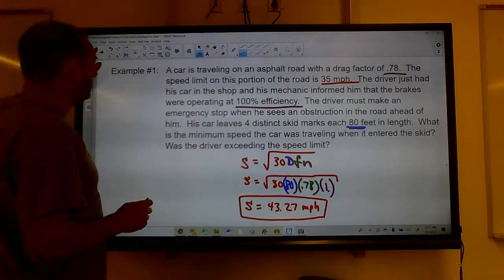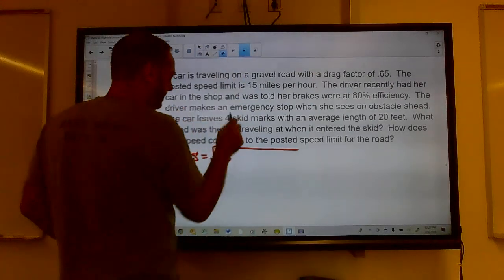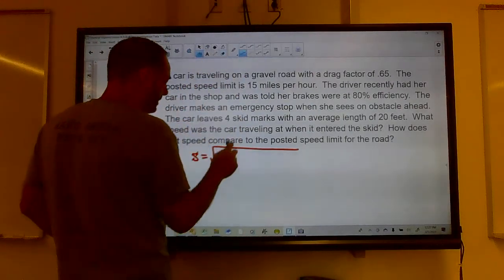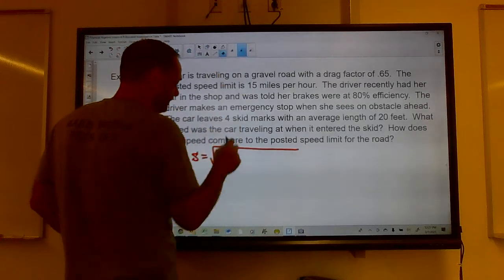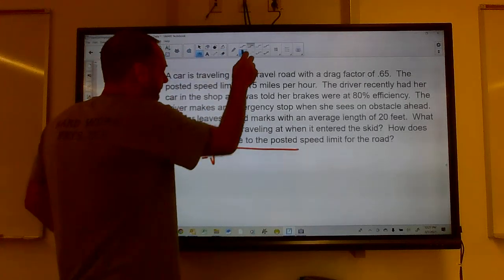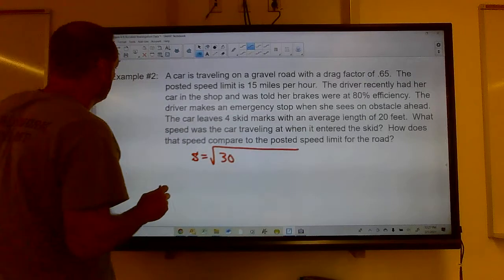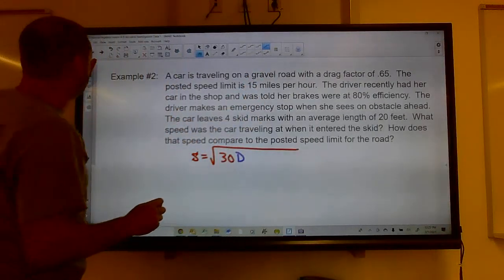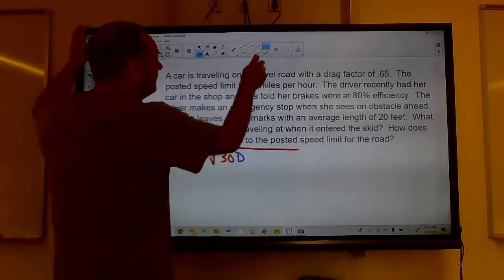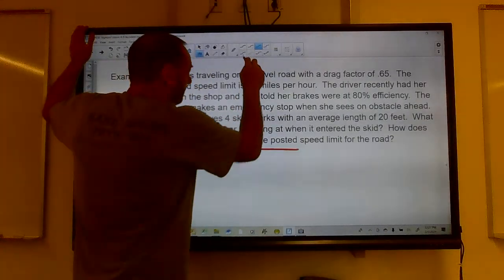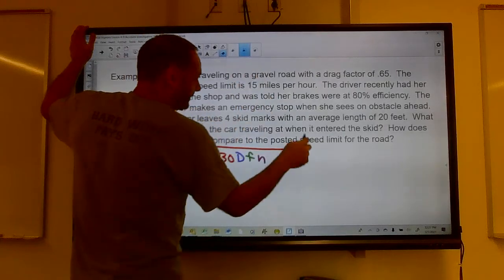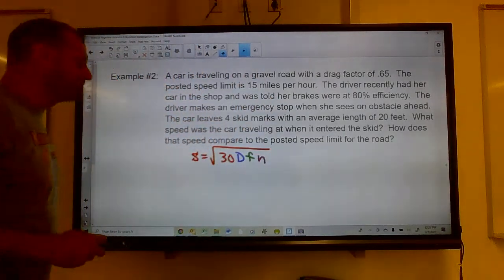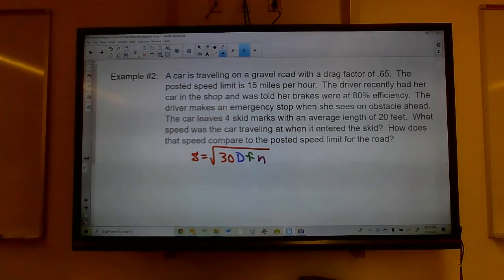D, it's 30dFn. I'm trying to color coordinate this stuff for you. 30, D was blue, F was green, and N was purple. Okay, so here's what I'm going to let you do. I'm going to let you do this problem. I want you to pause the video here and then jump back on and see if you got the same thing I did.